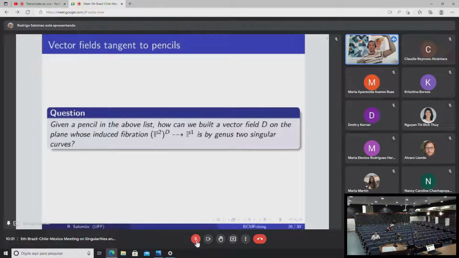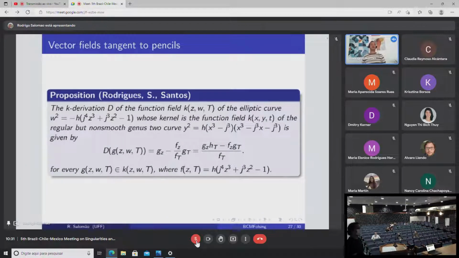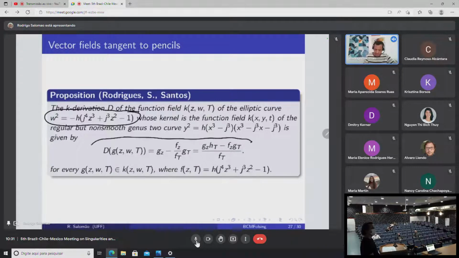There, we can compute the vector fields, and we need to return to the projective plane doing some change of variables, contractions and blowdowns. So the vector field that answers the problem over the normal form introduced by Borges-Neto is this vector field described like here.